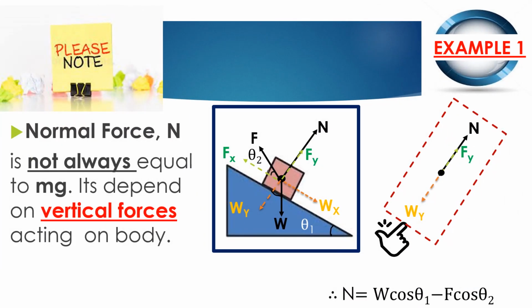Okay, normal force is not always equal to mg. Actually, it depends on the vertical forces acting on the body. So to prove this statement, we look at example 1. We can look at this figure.